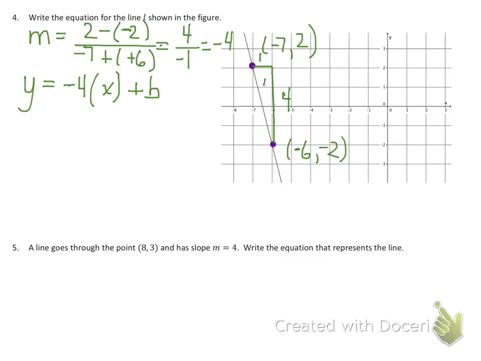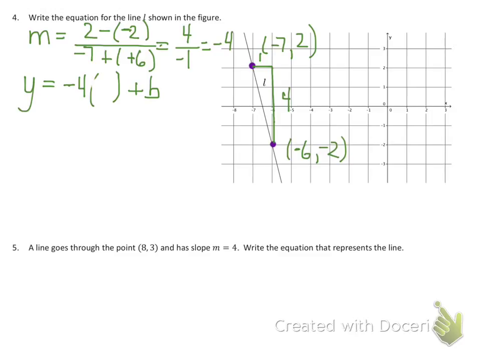So y equals negative 4x plus b. And we're going to put in one of our points for x and y. Let's go ahead and put in our (-7, 2) point.